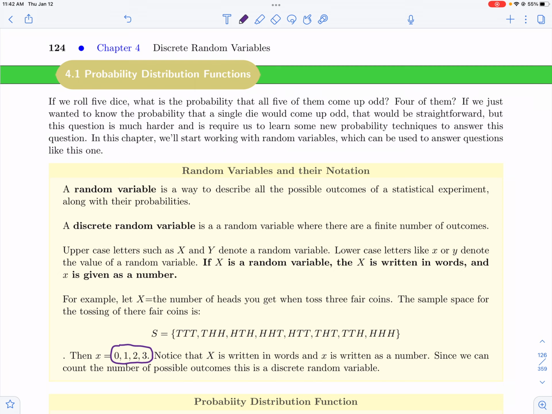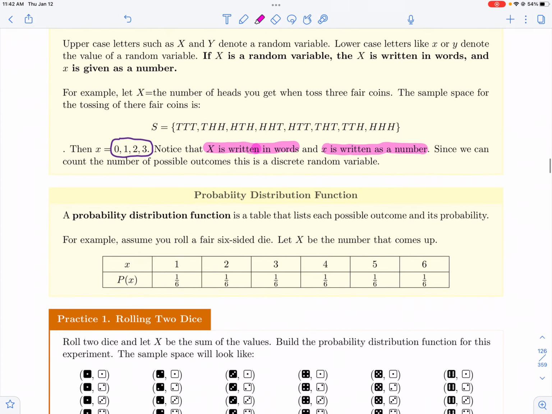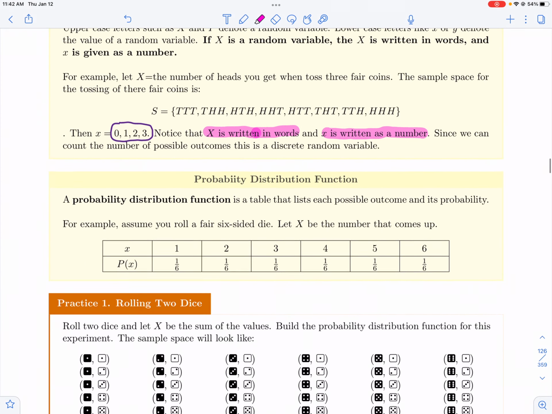So our capital letters are always going to be a written description of what's going on in words, and our lowercase variable is always going to be the numeric outcome of these possibilities. And so again, we're going to be able to use these as a way to help us calculate more complicated probabilities.